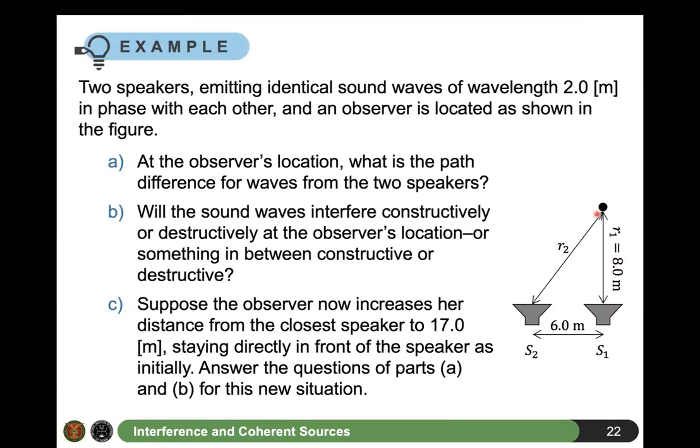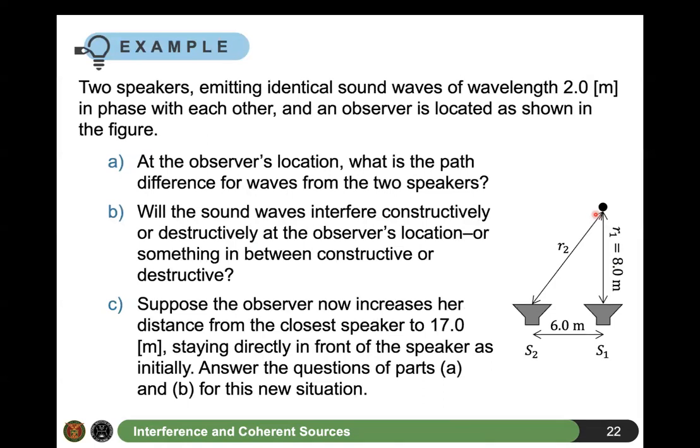At the observer's location at this point, what is the path difference for waves from the two speakers? Will the sound waves interfere constructively or destructively, or something in between? And suppose the observer now increases her distance by up to 17 meters. Ano ngayon ulit yung path difference and constructive or destructive ba?